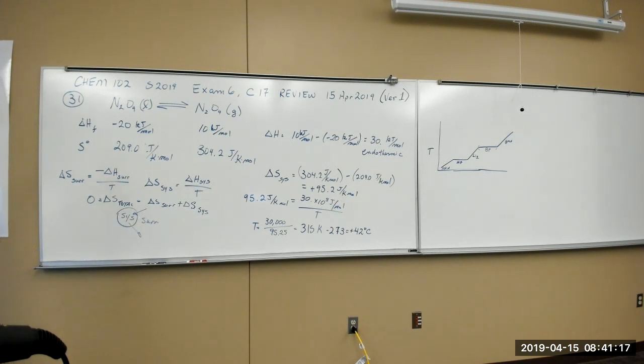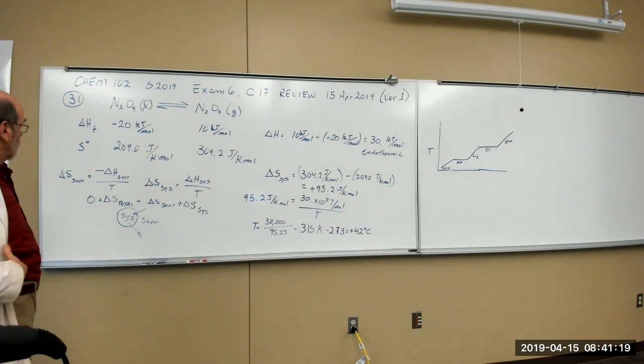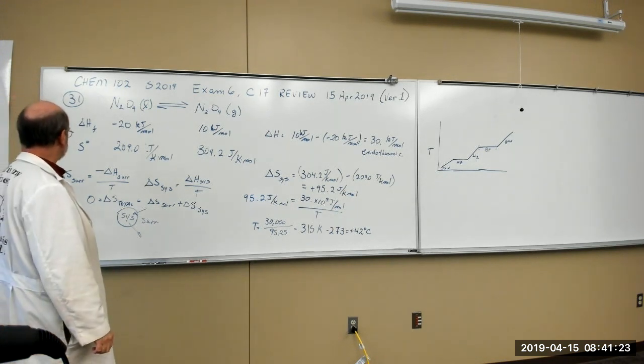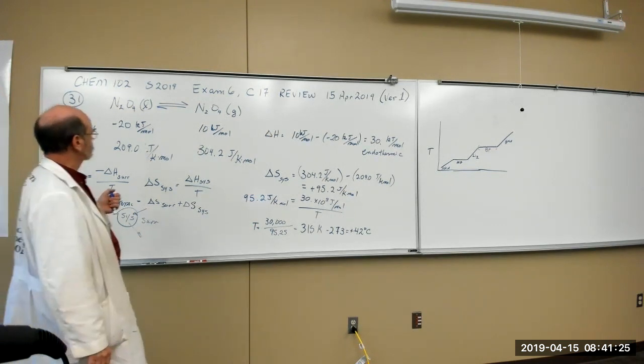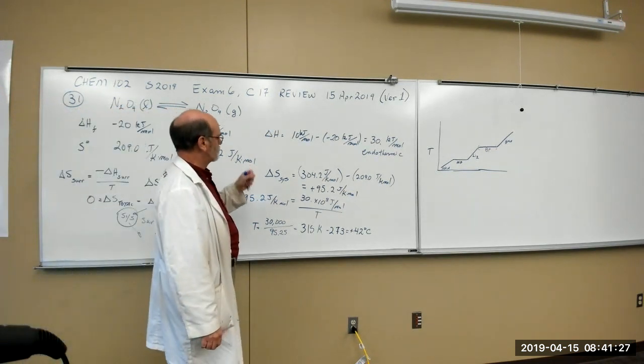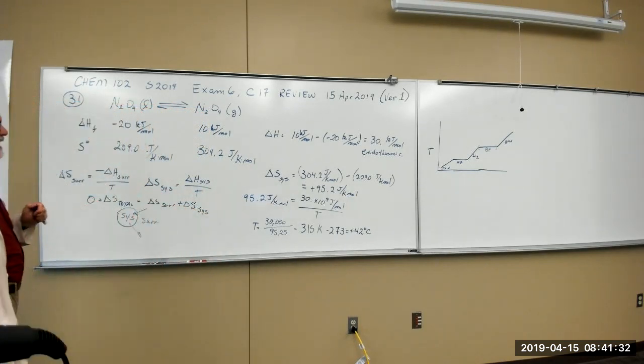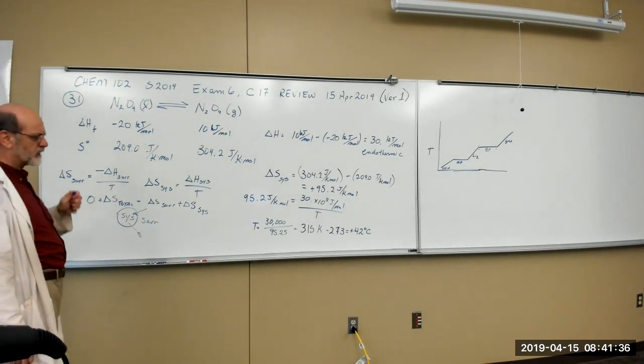Now you were asking if we could calculate delta G for this one. Well, not if we could, but would it be a useful or necessary step to answering the question? I guess it wouldn't answer the question because it wouldn't tell us the temperature.